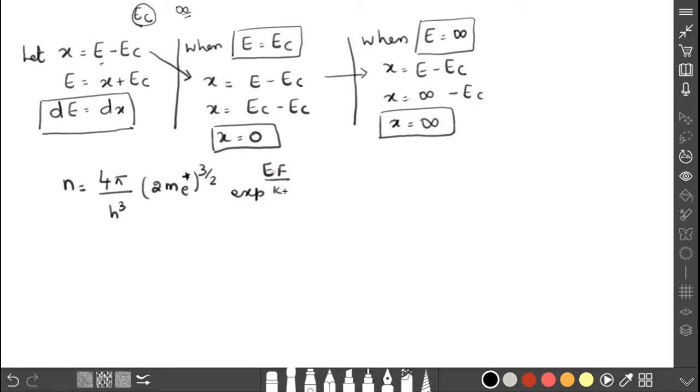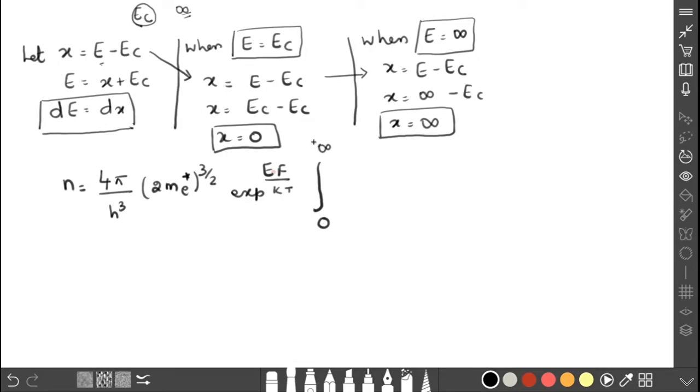These terms are outside the integration. Then we start the integration part. The lower limit is 0, the upper limit is infinite.